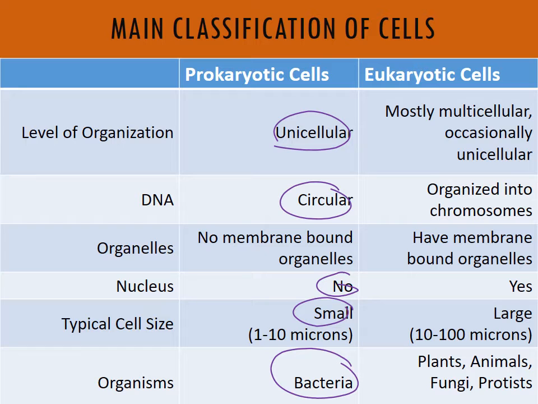Eukaryotic meaning true karyo, nucleus. True nucleated cells are mostly multicellular. Occasionally, you might find some unicellular, but mostly multicellular. They are organized into chromosomes.